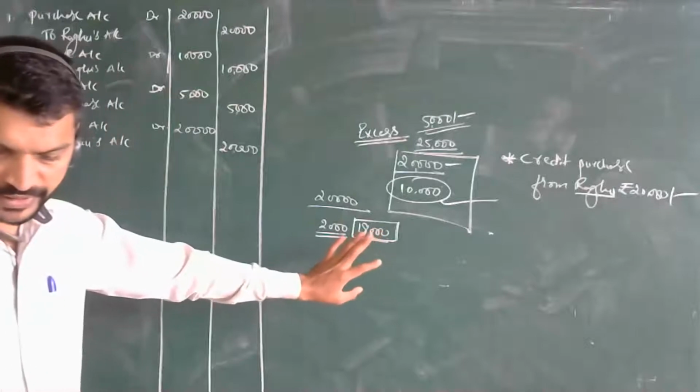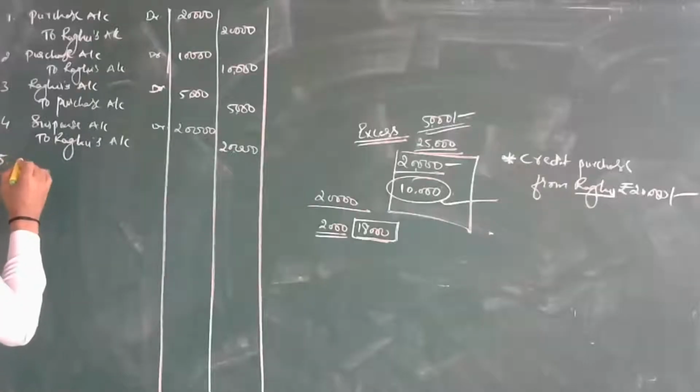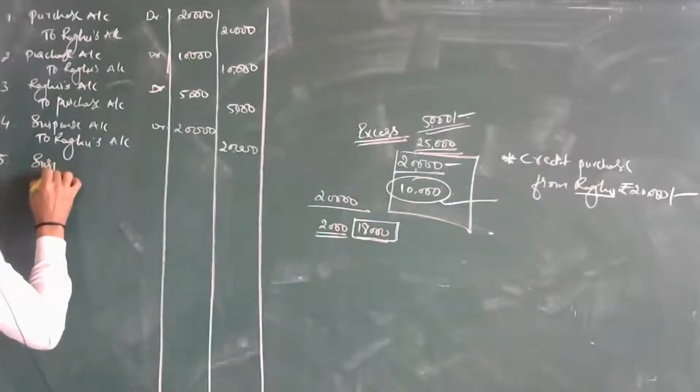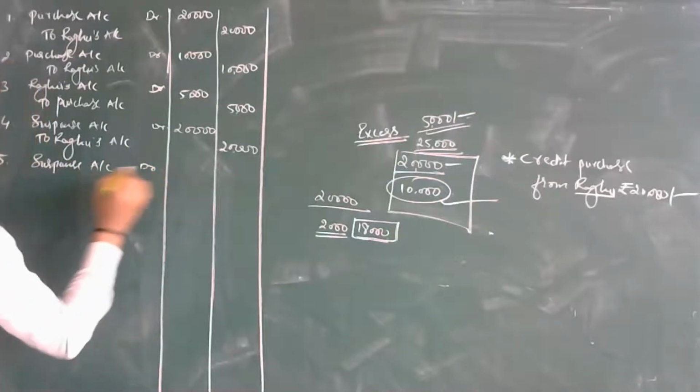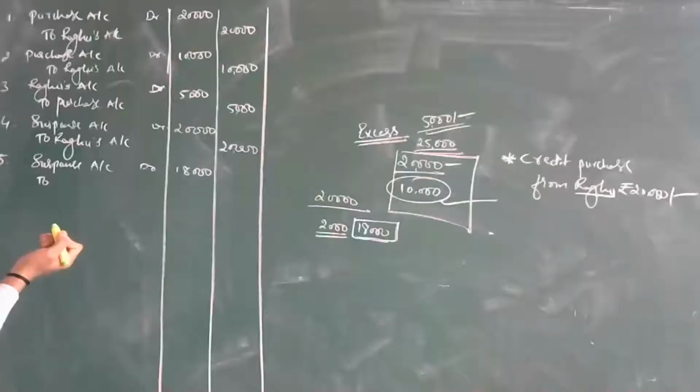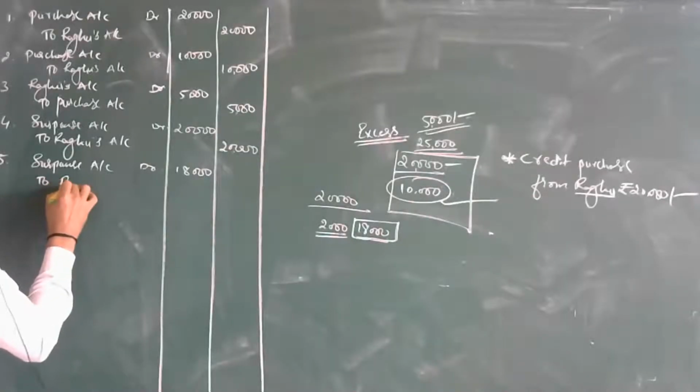Now the difference is 18,000. So you are going to say suspense account debit, 18,000, to Raghu's account. Raghu's account or purchase account? Raghu's account.